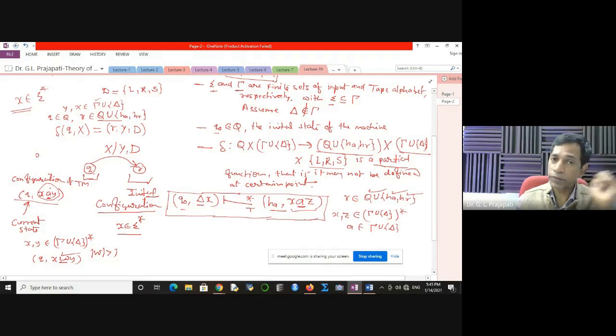Once you are computing some partial function, then the contents of your tape are important, because this is just like the output.